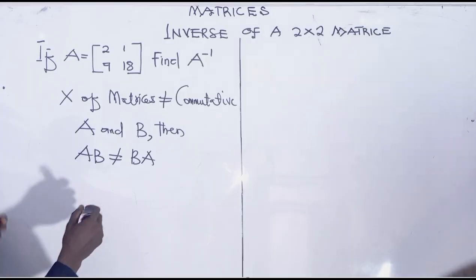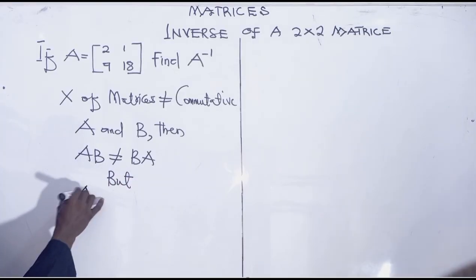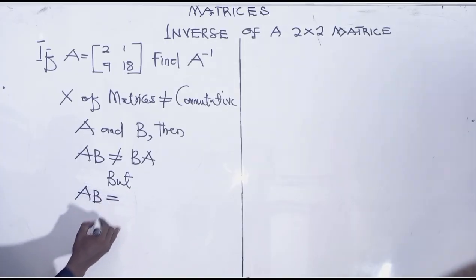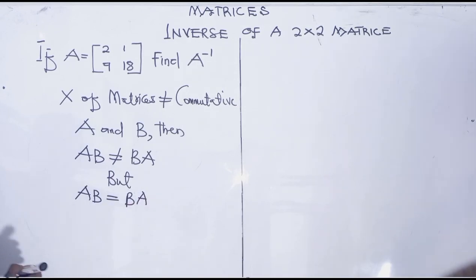But when you realize that the product of A and B is the same as the product of BA, then we can say that one of these matrices is the inverse of the other. So you can say that A is the inverse of B or B is the inverse of A.